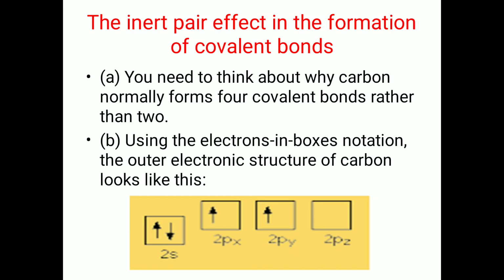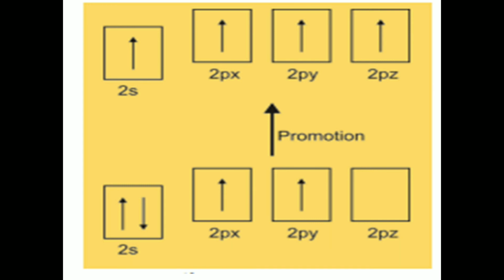The inert pair effect in the formation of covalent bonds. You need to think about why carbon normally forms 4 covalent bonds rather than 2. Using the electrons-in-boxes notation, the electronic structure of carbon looks like this.